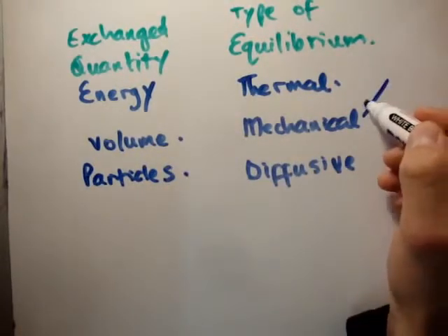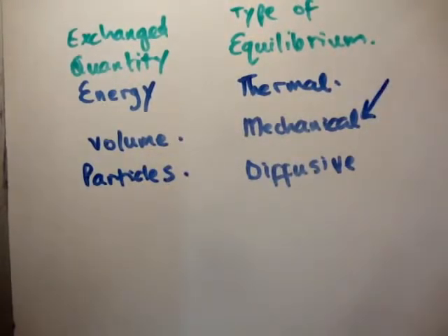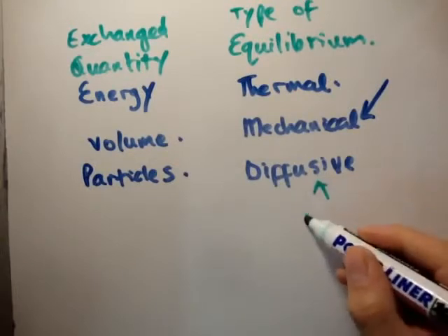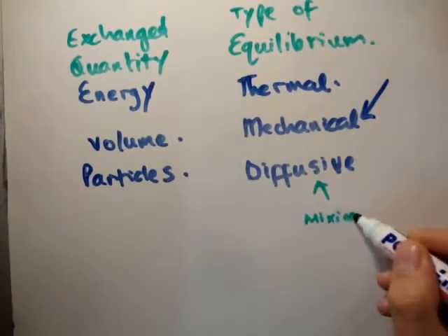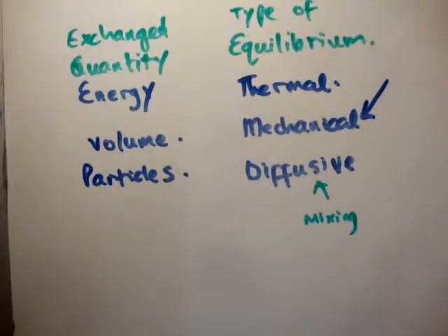If we think about mechanical equilibrium, this is when expansion can no longer occur. So a balloon is in mechanical equilibrium when it can no longer be expanded before it bursts. And when we're talking about diffusive equilibrium, we're talking about mixing. Alright?